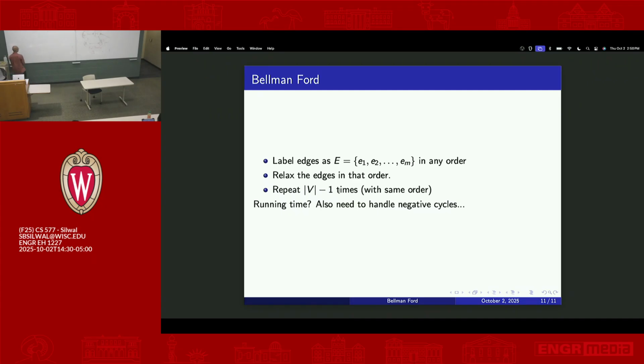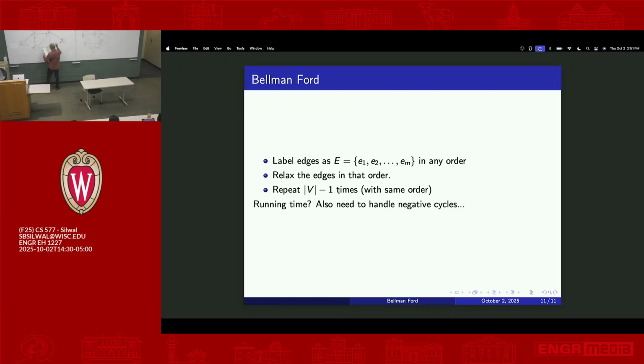Okay, so this is my source node. Give me a couple minutes. A, C, call it E.